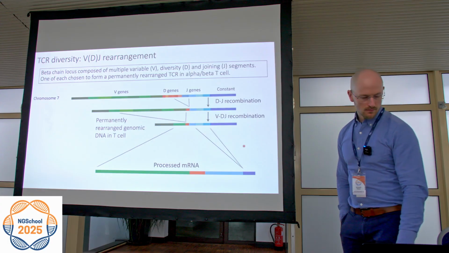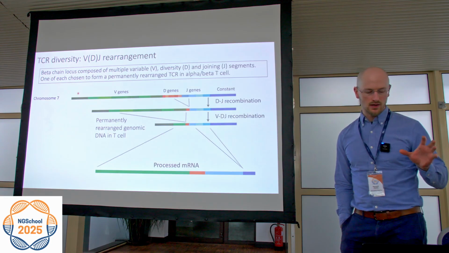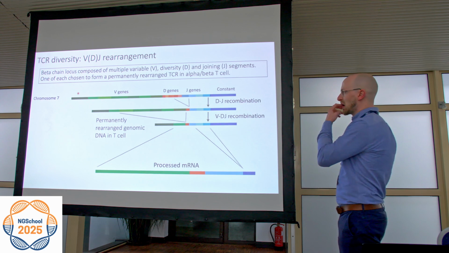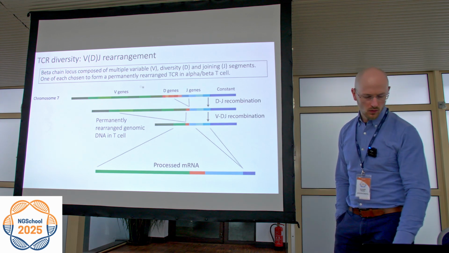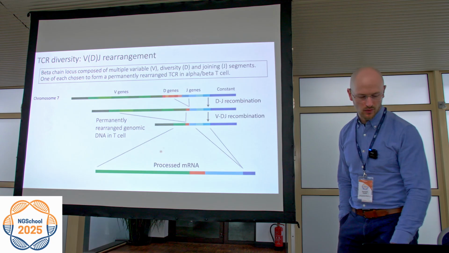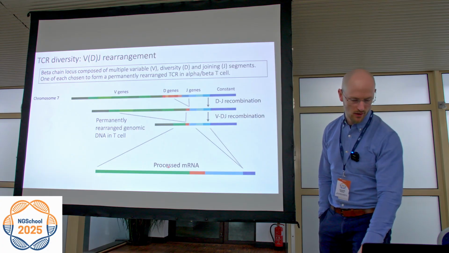As I said, the beta chain for alpha beta T cells is quite similar to the BCR heavy chain. So it's composed of multiple V, D, and J segments. When a new T cell is produced, one of each is spliced together, and this forms a permanently rearranged genomic DNA within the T cell, and that gives you a new processed beta chain mRNA.